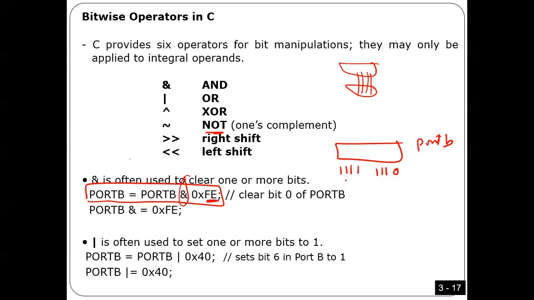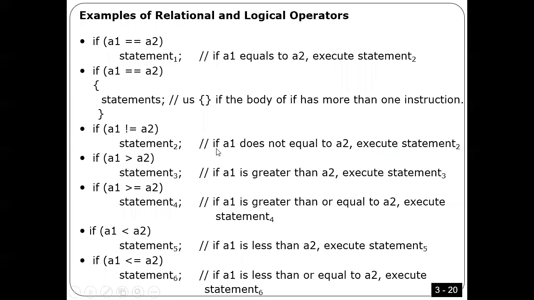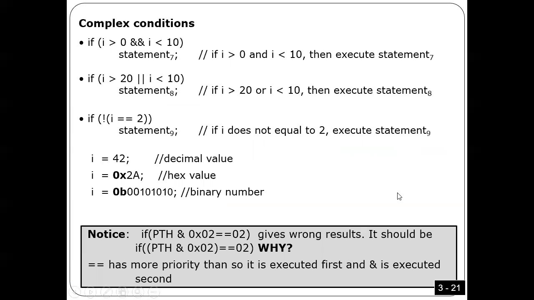11111110. Okay. Before I move forward, I want to tell you something. Look here, guys. Similar to what we did in assembly, you have to use a prefix to tell whether a number is hexadecimal or binary and so on. That's exactly the same in C language. Can you see the prefix here?